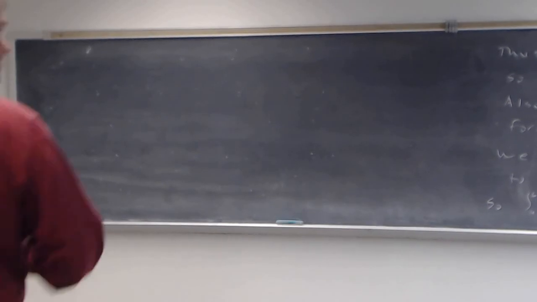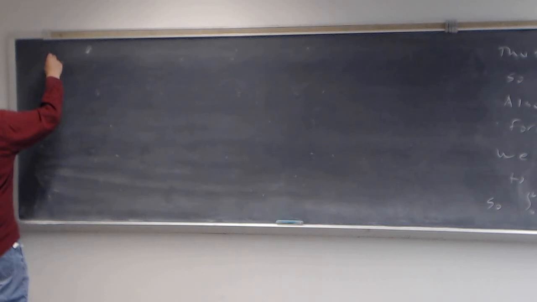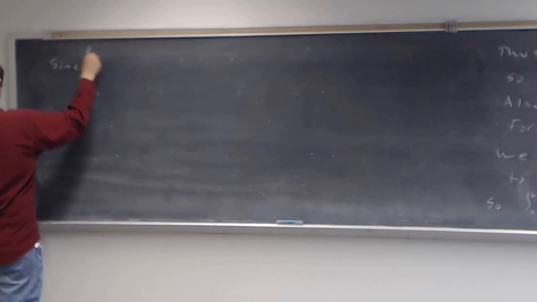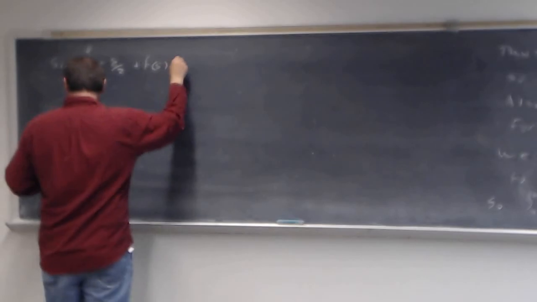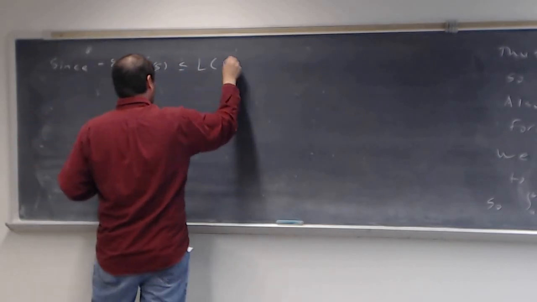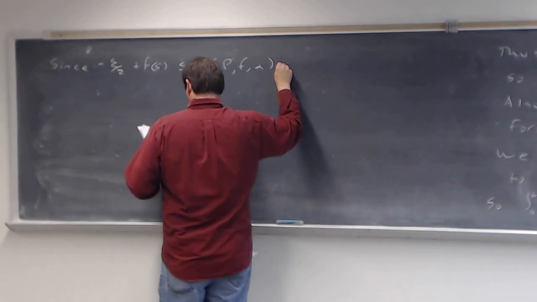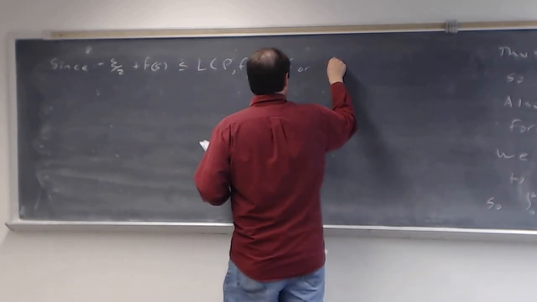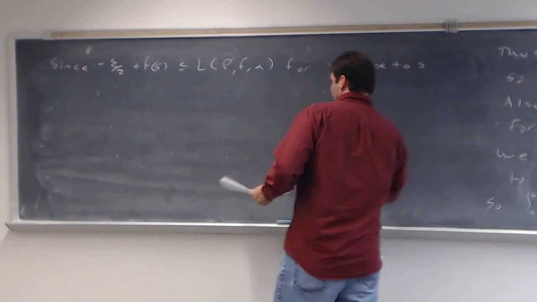Well, we could say a similar statement with the lower sums. So, since minus epsilon over 2 plus f of s is less than or equal to the lower sums, for x sub 2 close to s, again, what do we mean there?